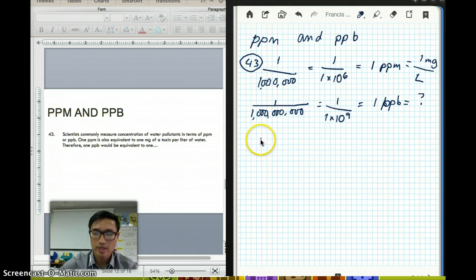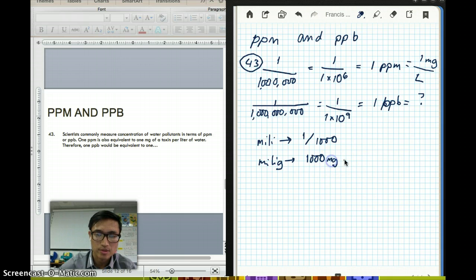All right, so 1 milligram, remember milli means 1 out of 1,000. So that means there has to be 1,000 milligrams to equal 1 gram. All right, that's what the milli means.